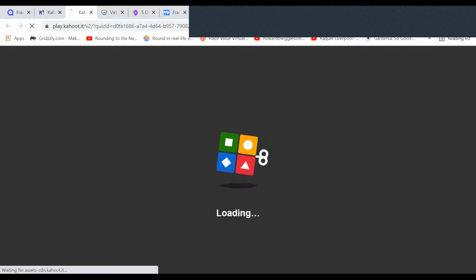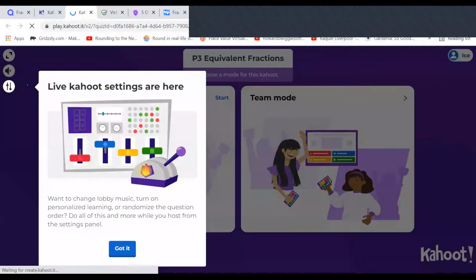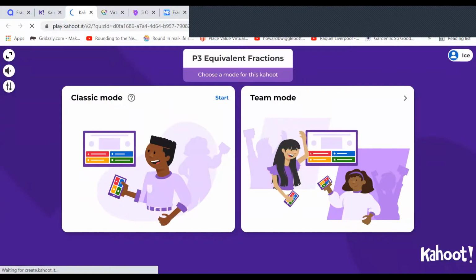Wait for it to load. Try this first. This one is equivalent.